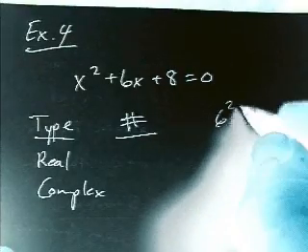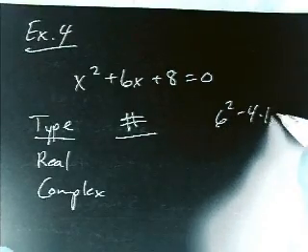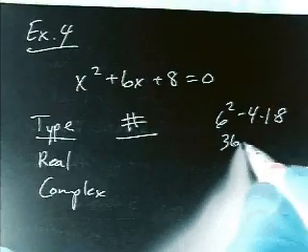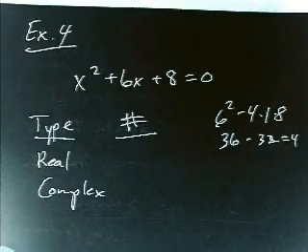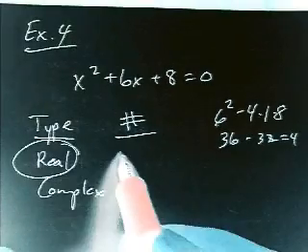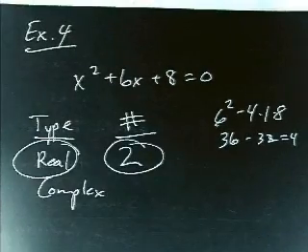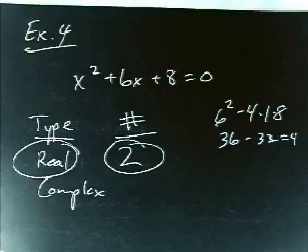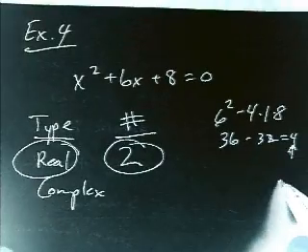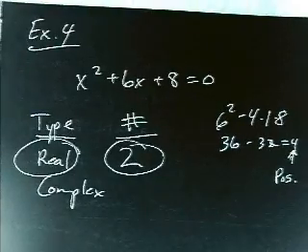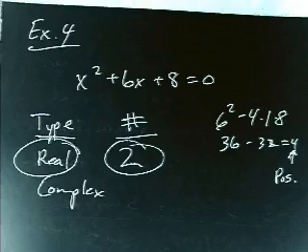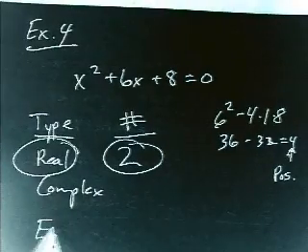So it all comes down to this discriminant, b squared minus 4 times a times c. So we have 36 minus 32, which is 4. Well, that falls into the two real solution category, right? Because this is a positive number. As soon as I see a positive number, I know it's two real solutions.